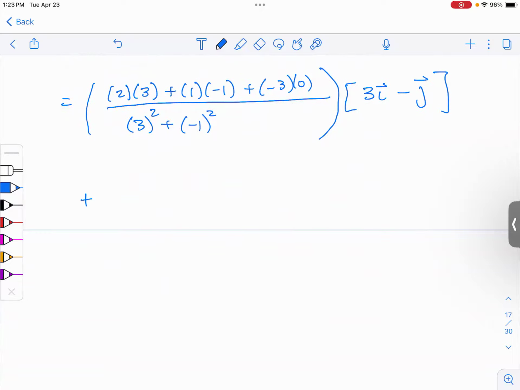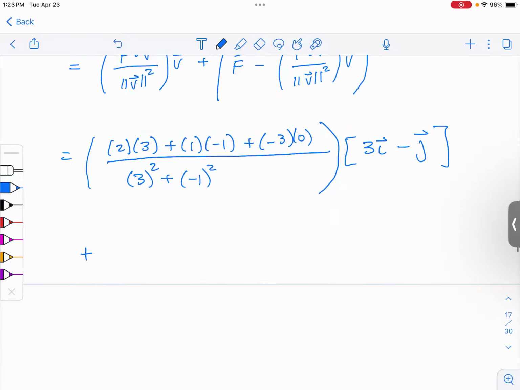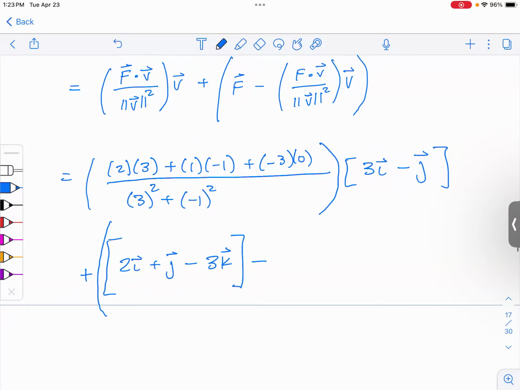And then we're doing F, minus that same calculation, 6 minus 1, 5, all over 9 plus 1, 10.